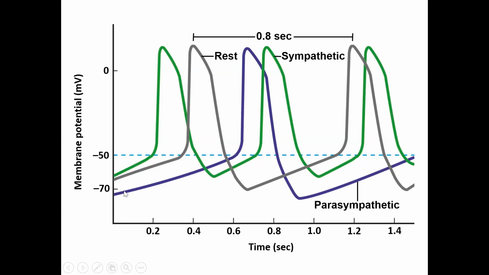And again, during that exact same time frame, under the parasympathetic dominance, we can only fire 1 action potential. So what we basically see is that sympathetic influence speeds up the heart rate. We can fire 3 potentials in the same time frame, and then parasympathetic slows it down, where we only fire 1 action potential in that exact same time frame.